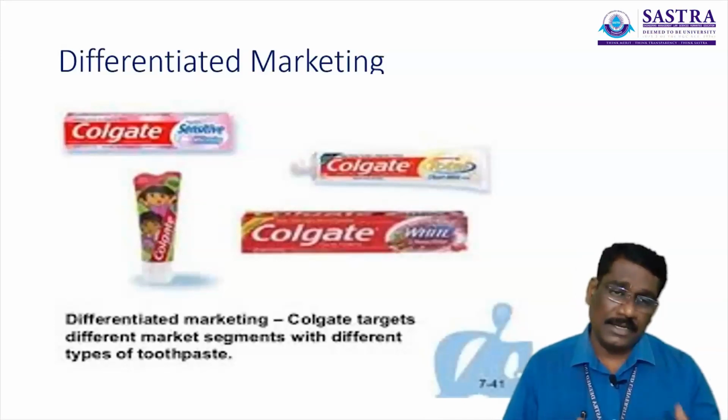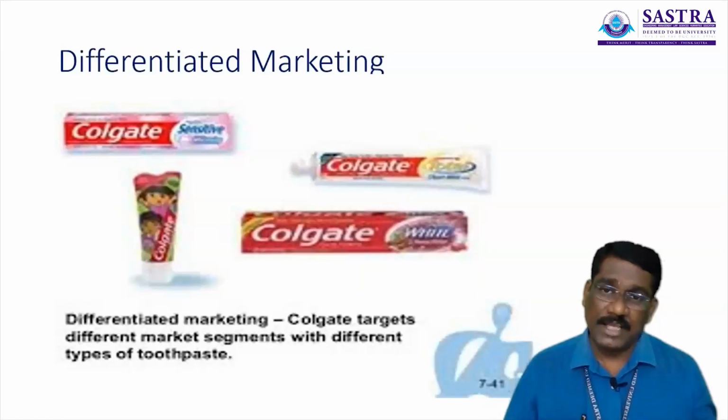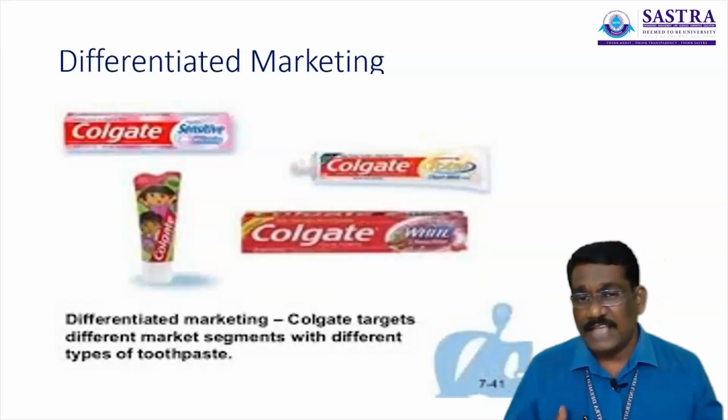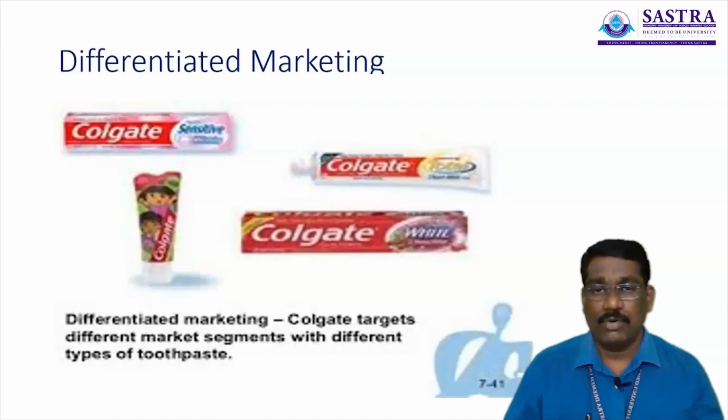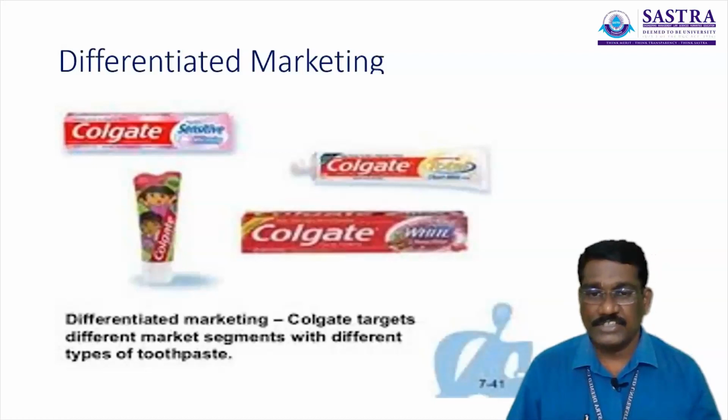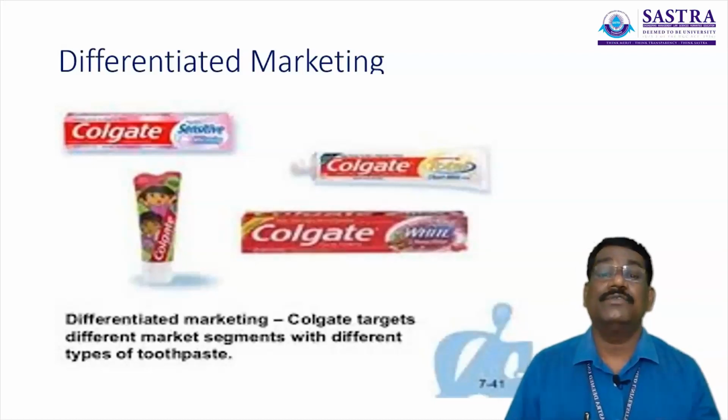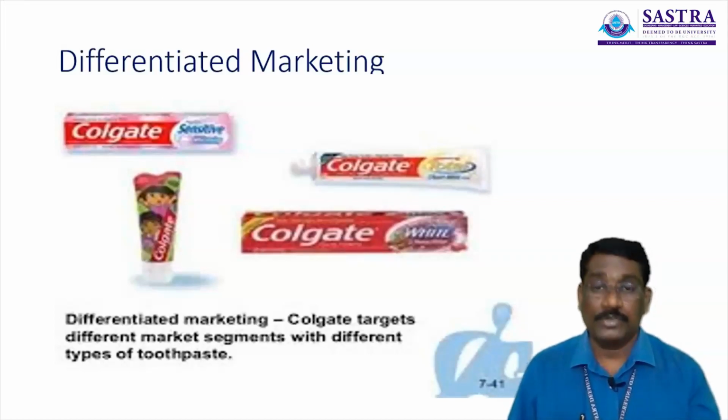Each segment needs a different purpose, so Colgate, as a company, has to serve the needs and benefits required by the particular segment. That's what we call differentiated marketing. So Colgate targets different segments with different types of toothpaste. I hope you have experienced this in your real-time usage of Colgate toothpaste.